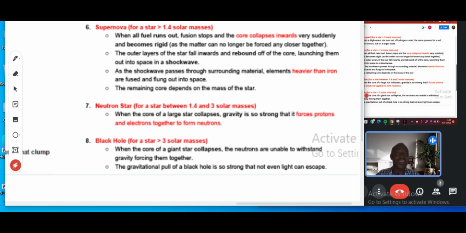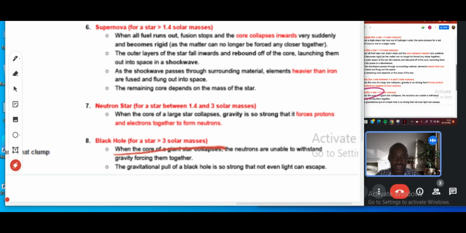If a light is flashing across a black hole, the pull of the black hole is so high that it also traps light. It just disappears, no trace of it, even light. That's why it is called a black hole, because it can't even allow light to stay. It sucks in light, sucks in matter, sucks in anything. The gravitational pull is so strong that anything there is sucked very suddenly into the center. So that's how a black hole forms.